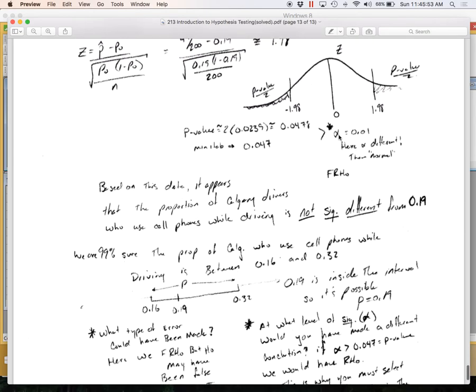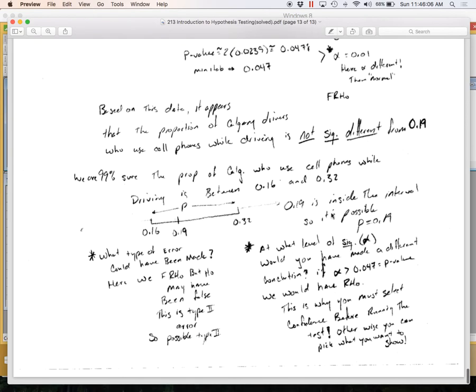Okay, so here I could just change alpha to make whatever the person who's paying me to do this study wants. I can make the study show anything I want to show. So you need to make sure that you select alpha before running the test.